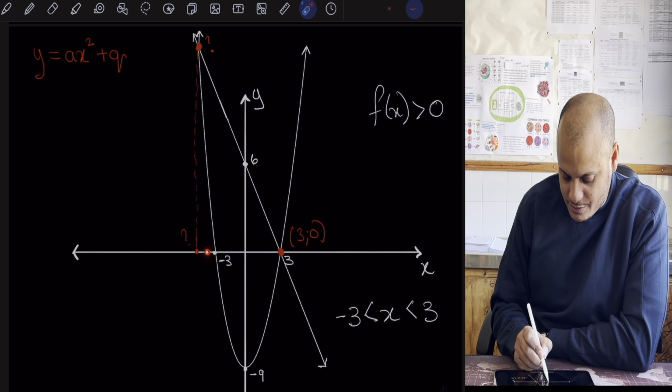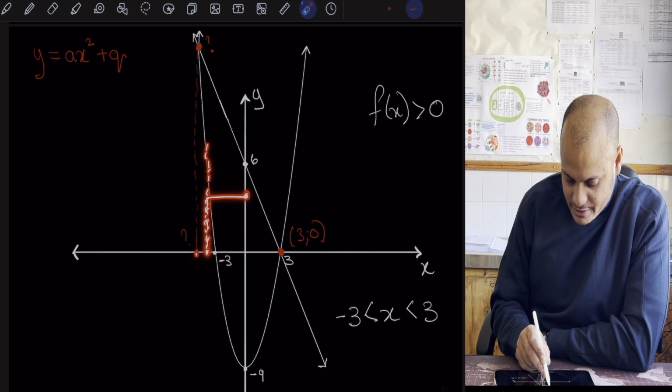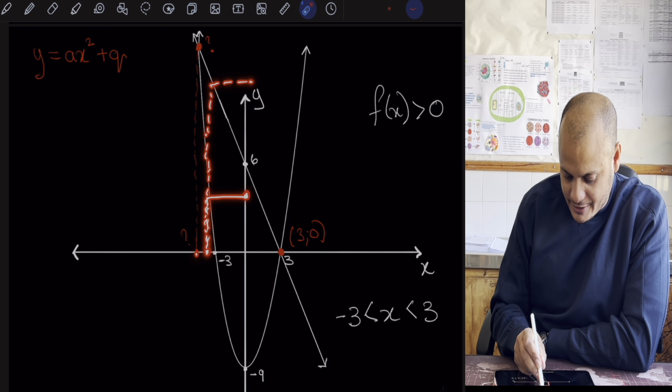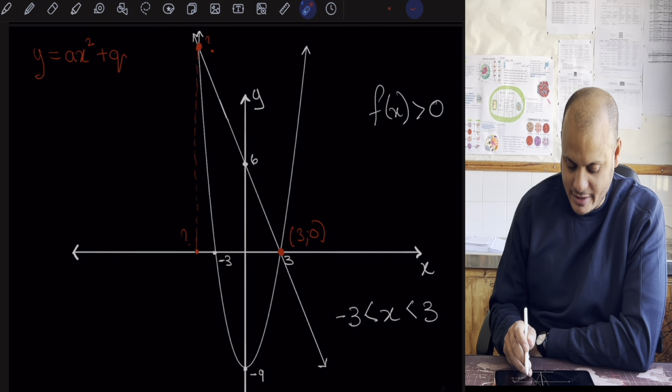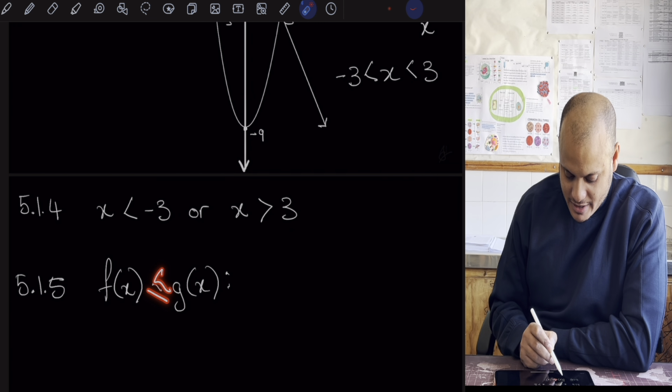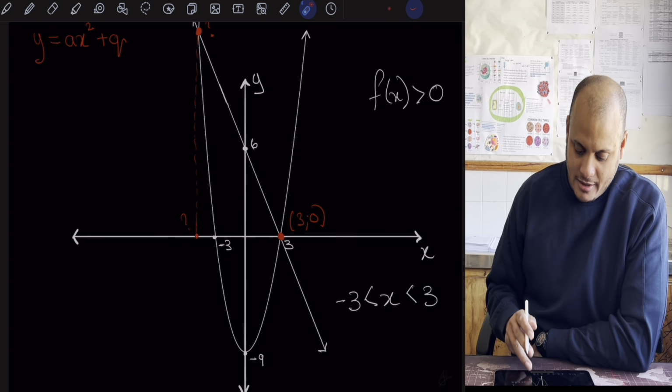If I choose this point before I get there, I've got some y value for my parabola, which is there. But for the straight line from that same x value, I'm going to get a y value somewhere up here. So my y values for my straight line are still greater than my y values for my parabola.